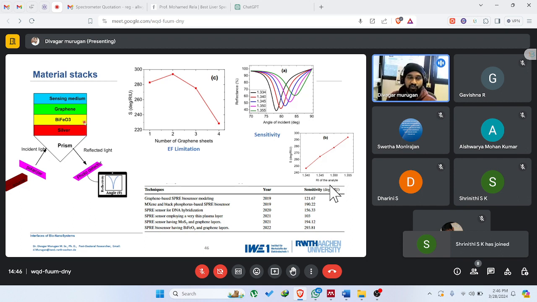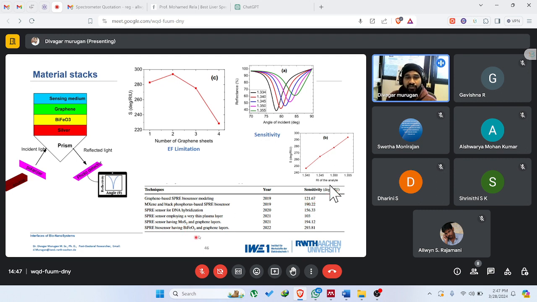Either you can use a single material, bimaterial, or tri-material. It depends upon the application and the intended use of this platform. Here they use this for COVID sensing, and here you can see the table where they have used graphene, simply graphene without any additional layers. They could get a sensitivity of 121.67 degrees per RIU.